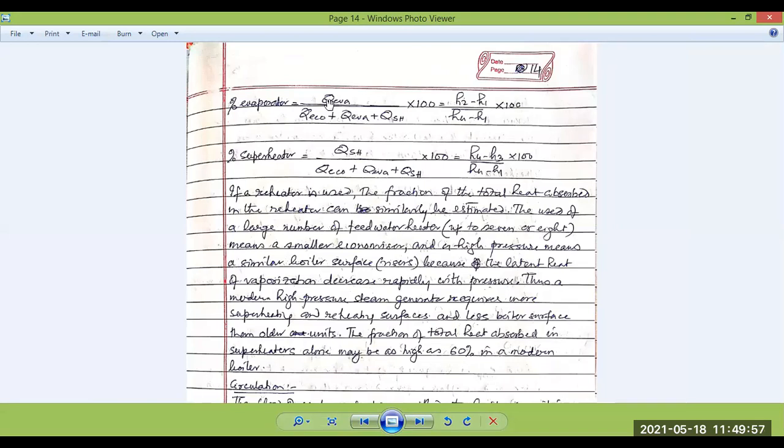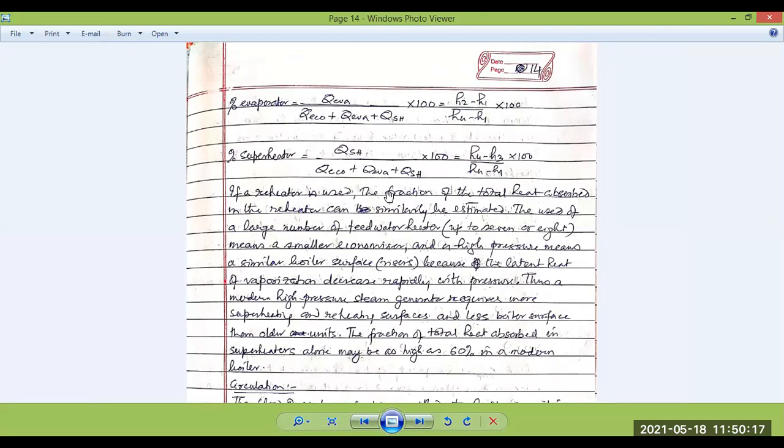The amount of heat added in the evaporator divided by the total heat added, that is H2 minus H1, gives the percent of heat added to the evaporator. The amount of heat added in the superheater divided by the total of economizer, evaporator, and superheater is H2 minus H1 divided by H4 minus H1, equal to 100 percent.